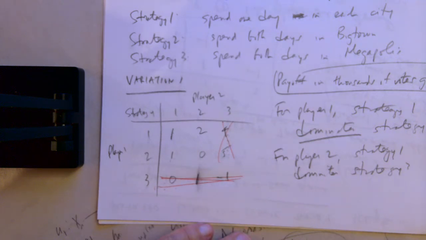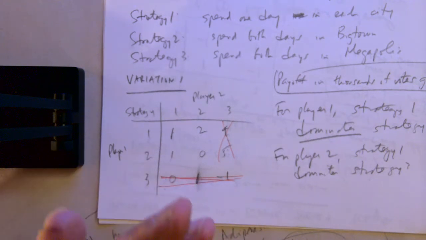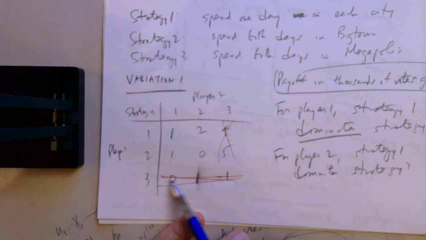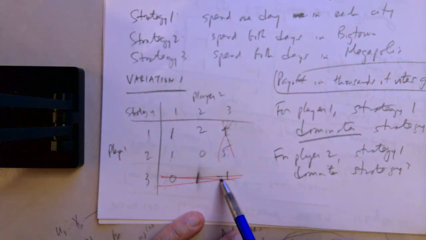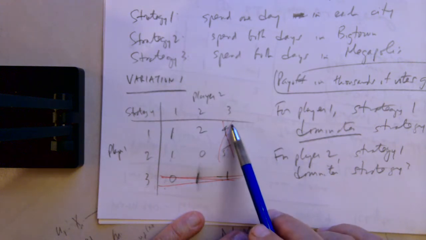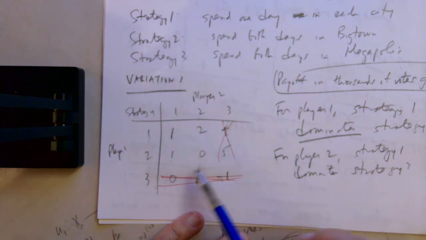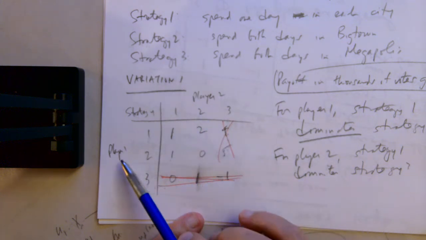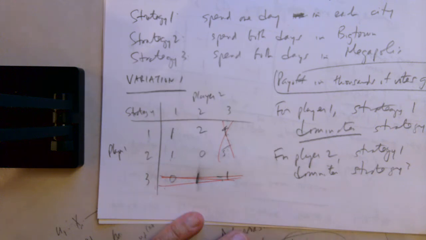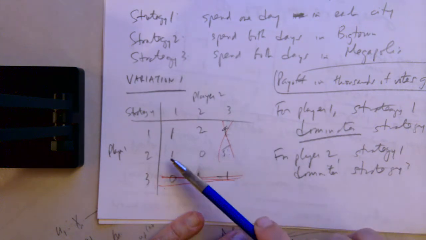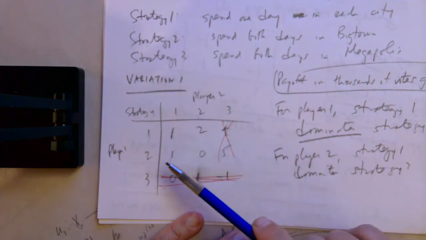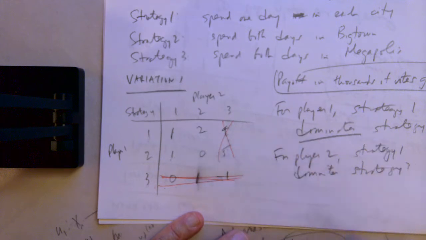Okay. Now, of course, player 1 is rational. He reasons this out exactly the same way. He's never going to choose strategy 3. He knows player 2 is never going to choose strategy 3. So this is really the only payoff table. And when player 1 looks at this, he sees now 1, 2 compared to 1, 0.